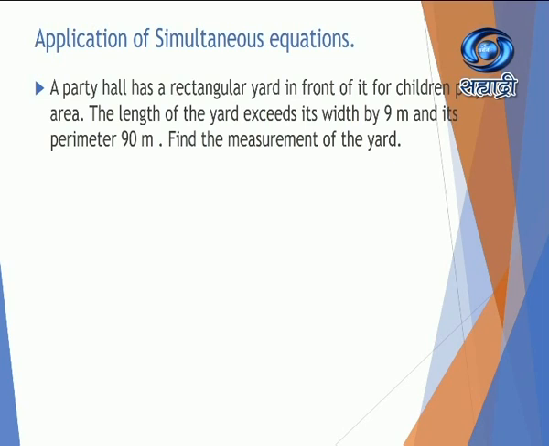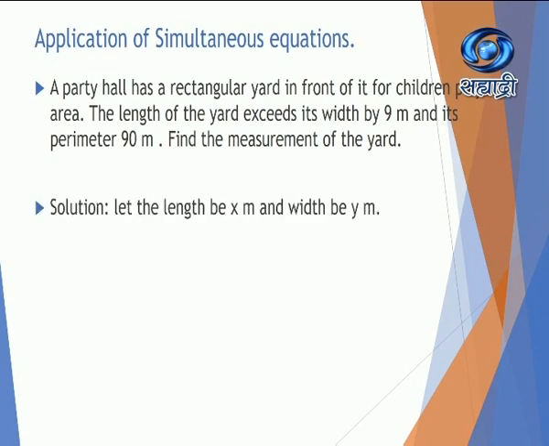When we are solving application based sums, we have to read every word carefully and understand what the condition given is. So here, let the length be x meter and width be y meter.